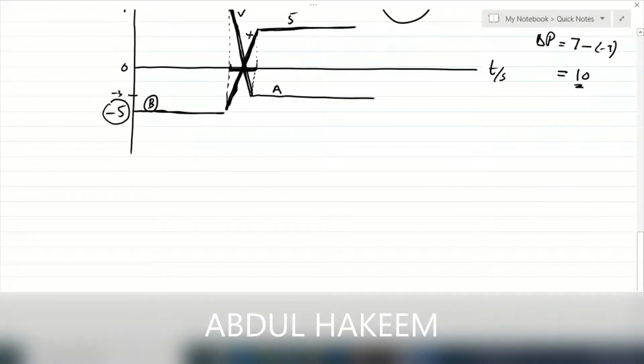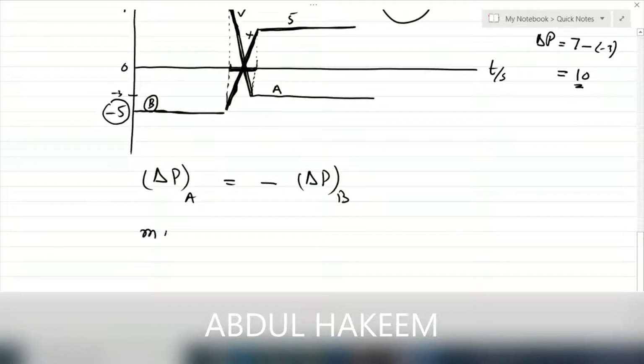Now, the change of momentum of A is exactly equal to the change of momentum of B. So we can write m change of velocity of A is equal to minus m change of velocity of B, because momentum is mass times velocity. So change of momentum is mass times change of velocity.